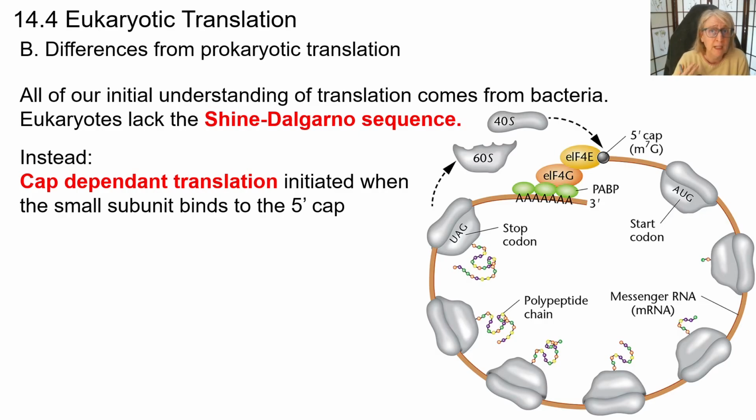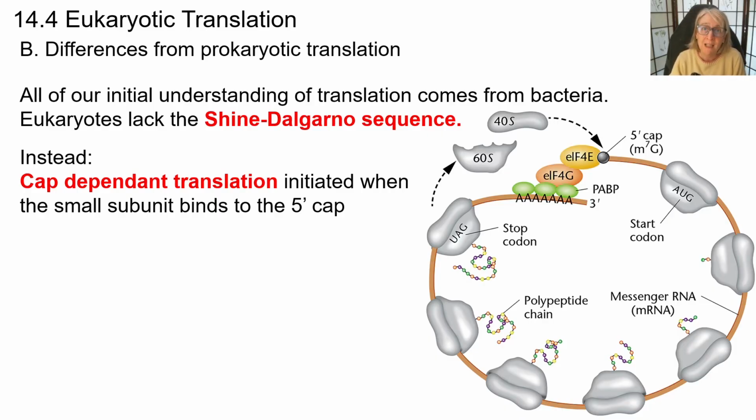Bacteria do not do the capping and tailing. They don't have introns and exons. They make their mRNA sequence, and then they execute that mRNA sequence into a polypeptide chain. We have all that in-between step where we do the modification of the mRNA before it leaves the nucleus. A big part of that was putting on the cap and the tail.